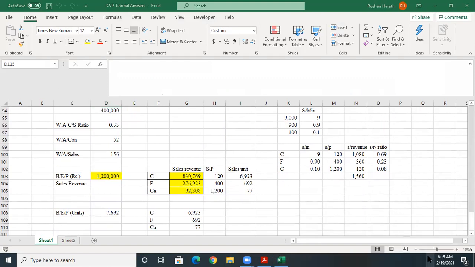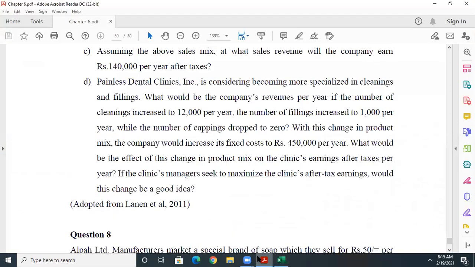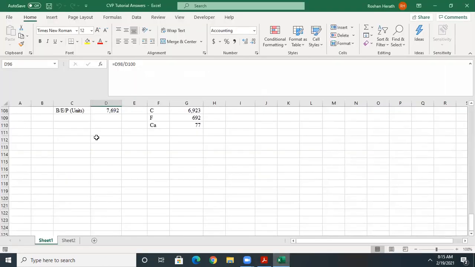So that's what we took, and we could work out the weighted average CS ratio, and that was 33%. So now the question is asking, assume the above sales mix, at what sales revenue will the company earn 140,000 per year after taxes?